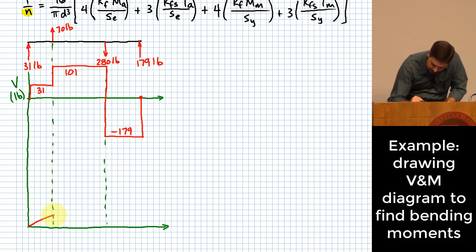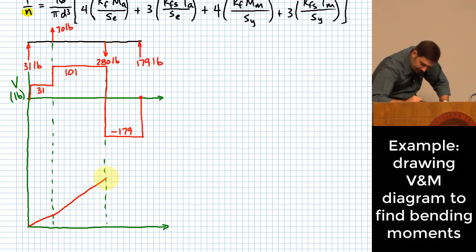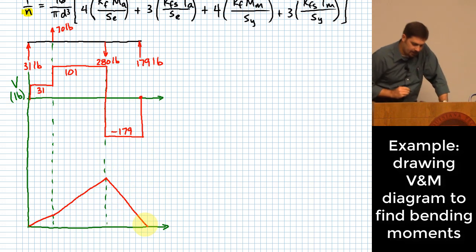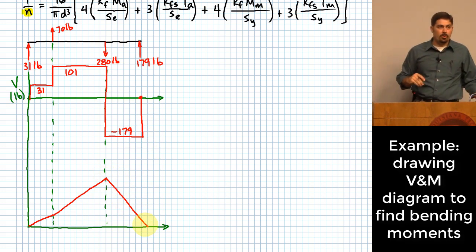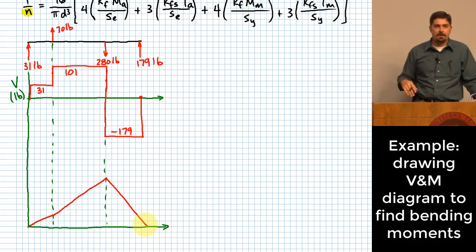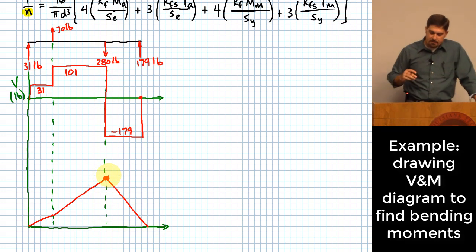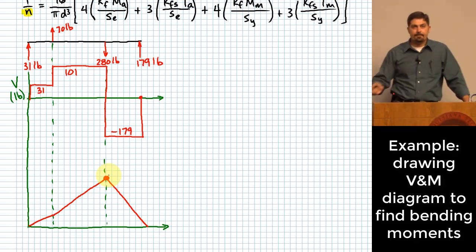That slope increases here to go up to some other location, and then you have a negative slope that comes down to the end. You can tell more or less just by looking at the shear diagram that that's going to be the general shape of the bending moment diagram. Would you agree with that? Okay, and so you see here, this is where we have our maximum bending moment occurring.